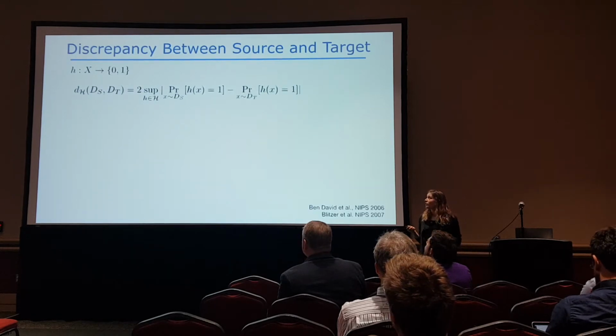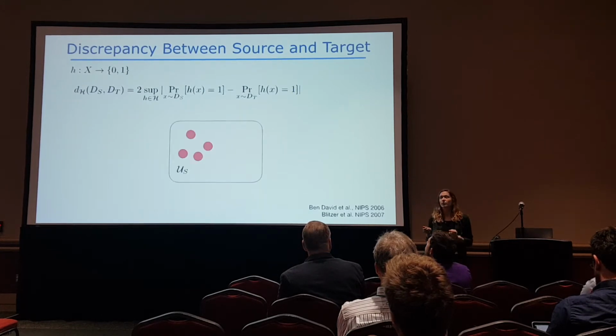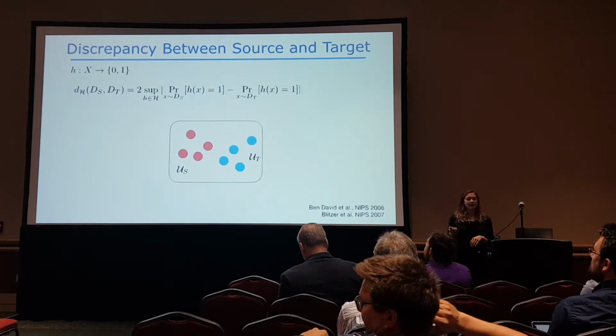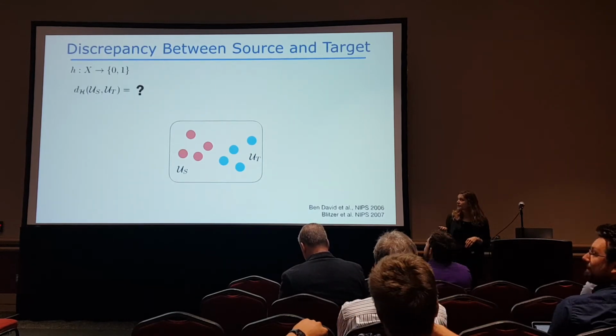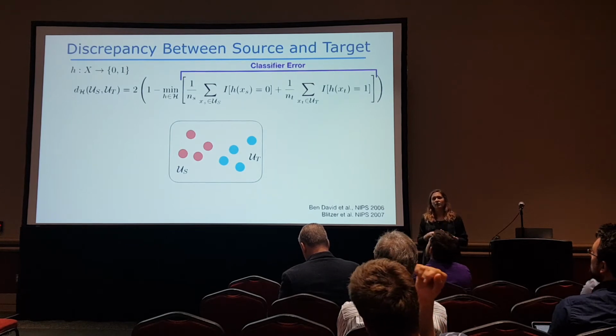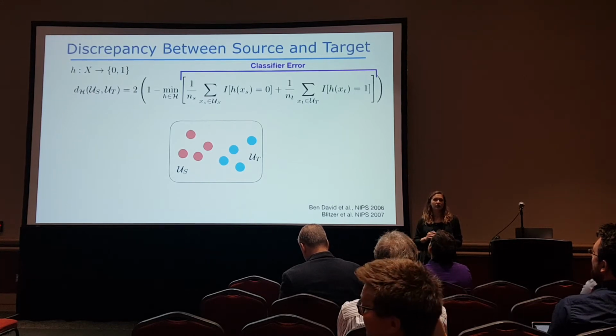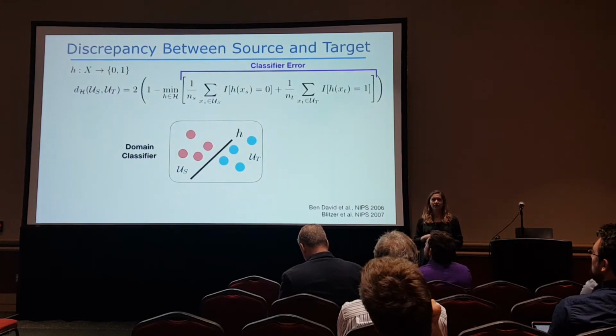So, of course, you can't actually compute discrepancy because we don't actually know the full distributions. But what you can do is you can take samples from the source and samples from the target, and to kind of skip all of the details, what you find is that if you would like an empirical approximation for discrepancy, it can be computed exactly in terms of what's called a domain classifier.